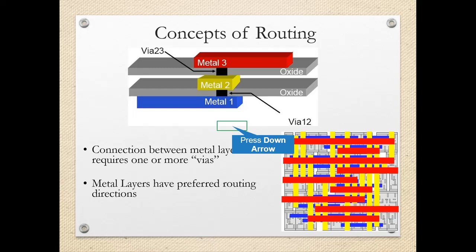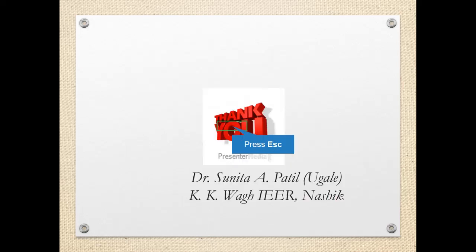So alternately vertical, horizontal, that type of routing will be done to minimize the crosstalk and the different effects in the chip. Like metal 1, that is blue, is horizontal, metal 2 yellow vertical, metal 3 red horizontal. So this is the concept of routing. Thank you.